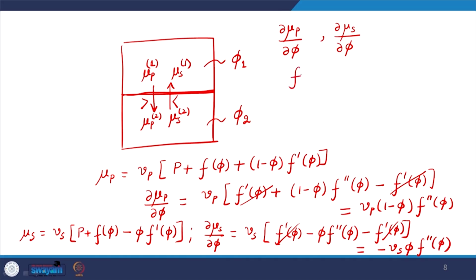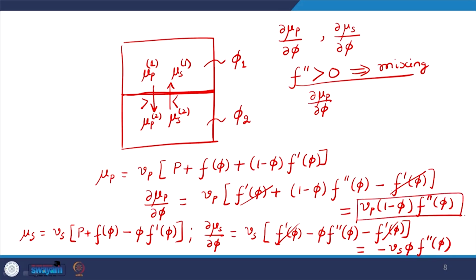So, I said when F double prime is greater than 0, then we have a tendency of mixing. What does it translate to in terms of ∂mu p/∂phi and ∂mu s/∂phi? What it means is that my ∂mu p/∂phi, that is this particular term, is also going to be positive because phi is a number between 0 and 1, and Vp is a positive number.